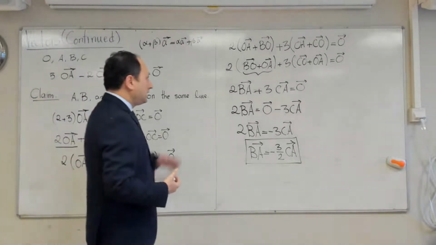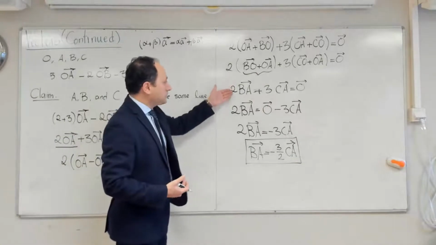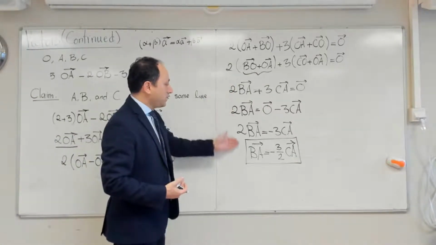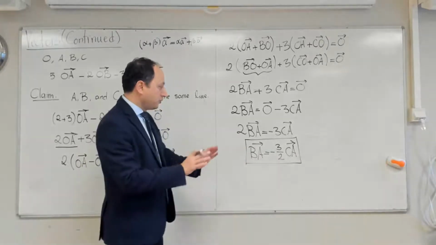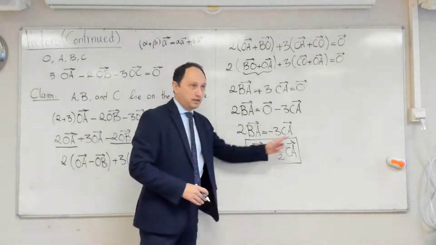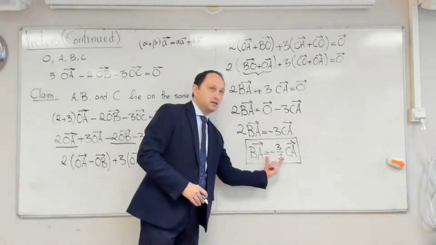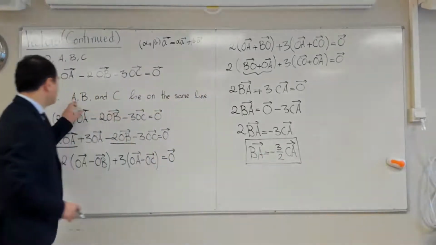But now, this part might seem strange to you. Why have I done this? You will see the purpose, but I want to wait. Can you tell me why from this I can conclude this claim?